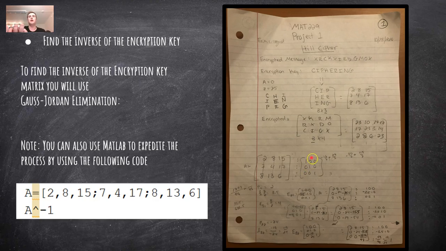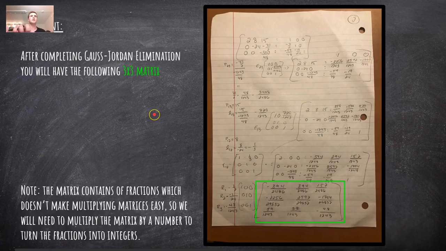We will then try to have the left side turn into 1, 0, 0, 0, 1, 0, 0, 0, 1. If you use Matlab, this is the code that you will use. After completing Gauss-Jordan elimination, you will have the following 3x3 matrix down here.